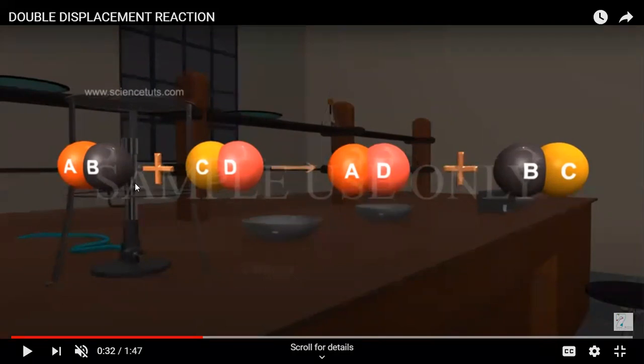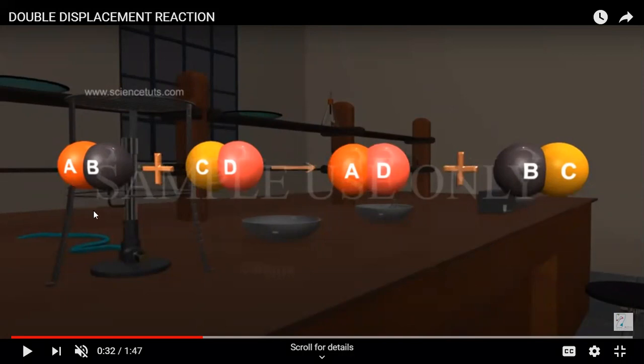We have taken the reactants, and I've written AB, which means this is a compound. I've written CD, which means this is also a compound. Over here A and C are the cations, because generally in a compound we write the cation first and then the anion. Suppose I say sodium chloride, I'll write NaCl. Na is a metal, so I write it first and then Cl.